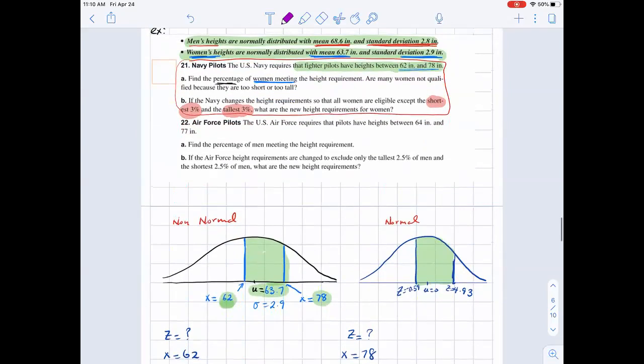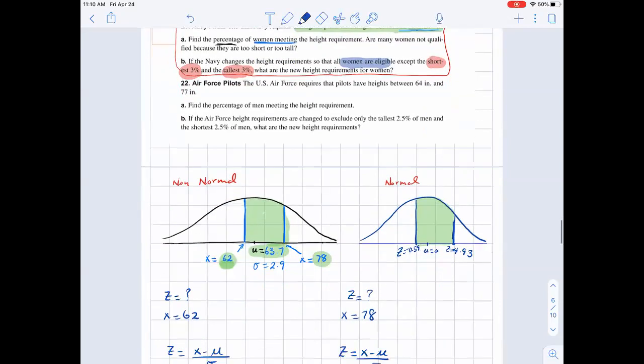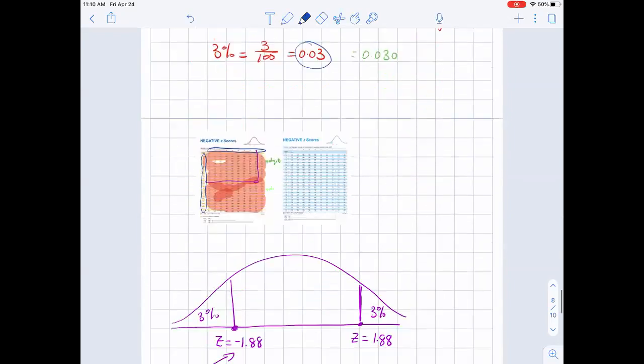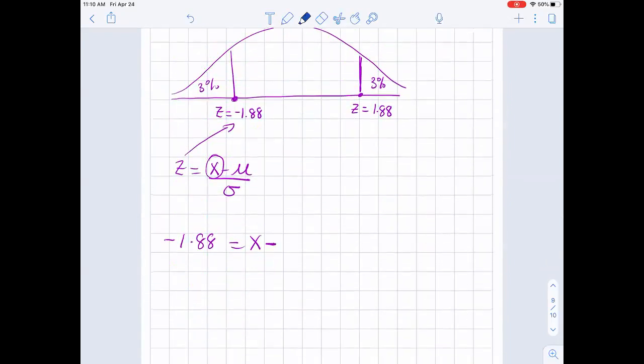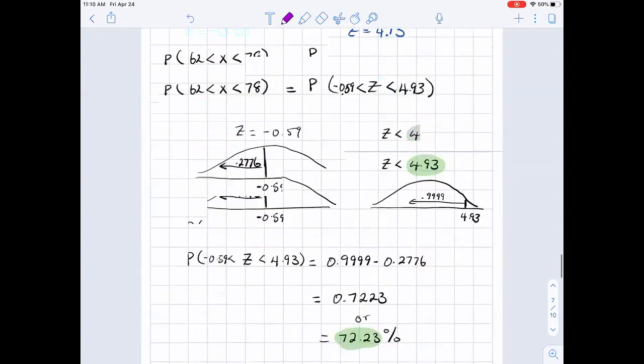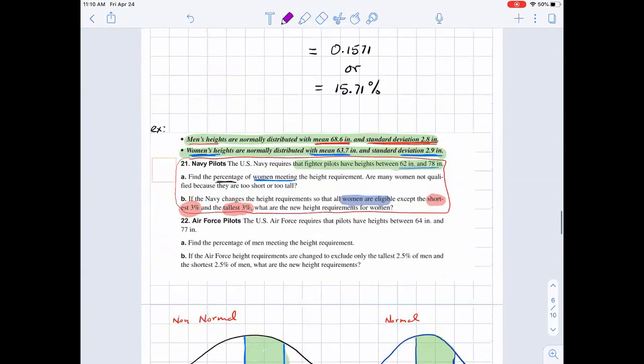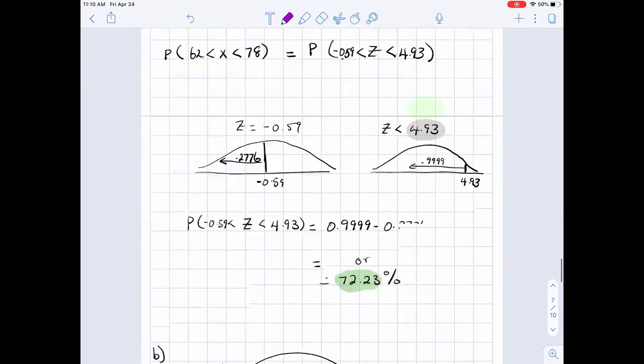Women, right? Yes. So the women's mu is 63.7, and the standard deviation is 2.9.